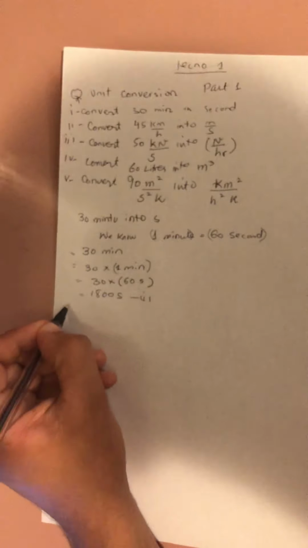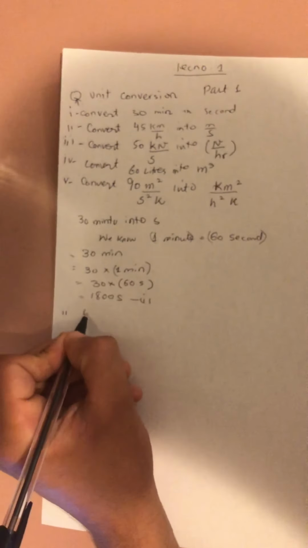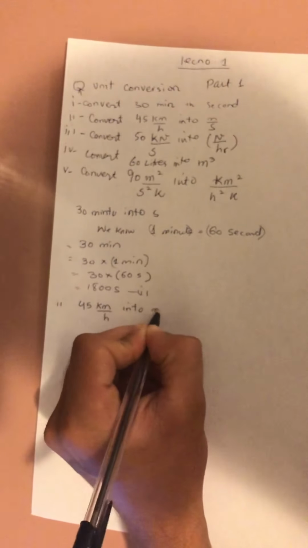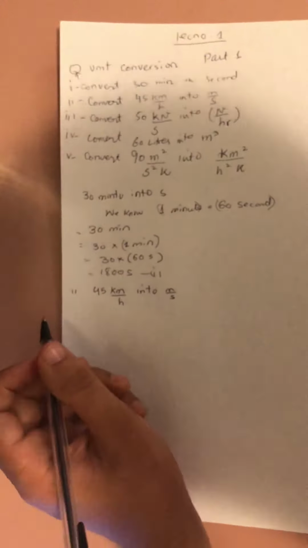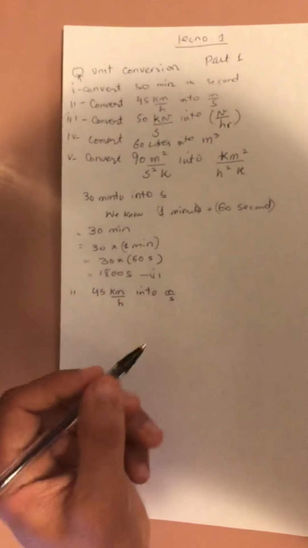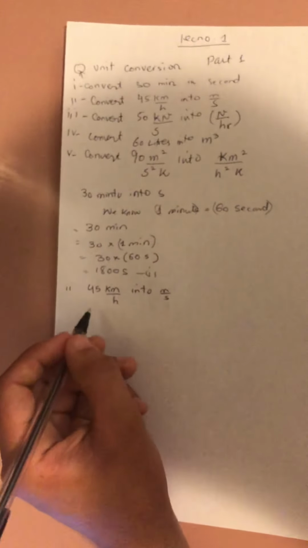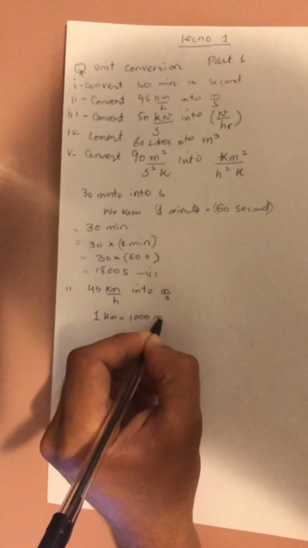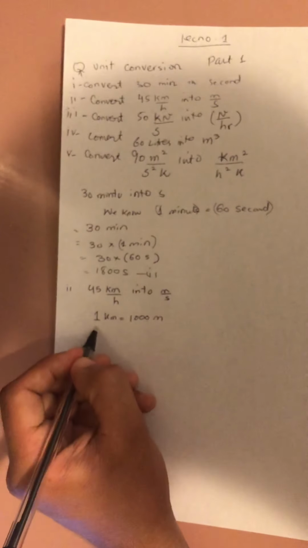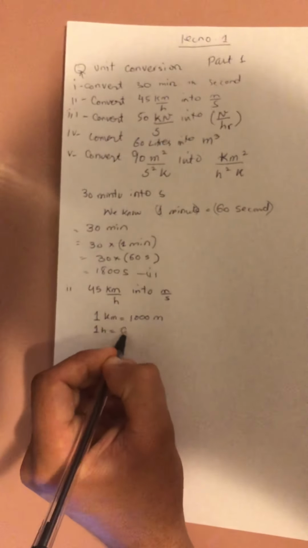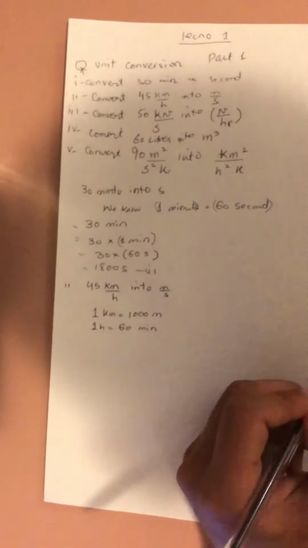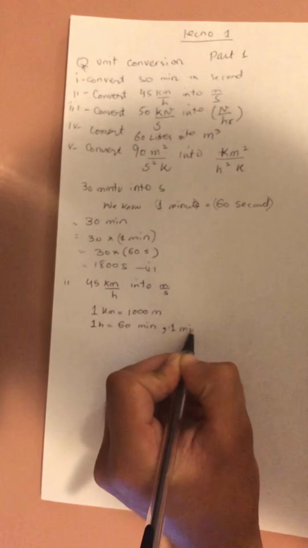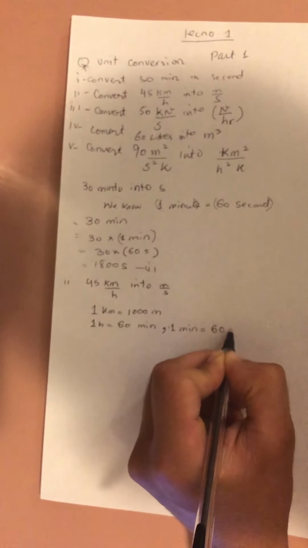Now the second question, which is 45 kilometer per hour into meter per second. Again, go to the relations. 1 kilometer is equal to 1000 meters, and 1 hour is equal to 60 minutes, and 1 minute is equal to 60 seconds.